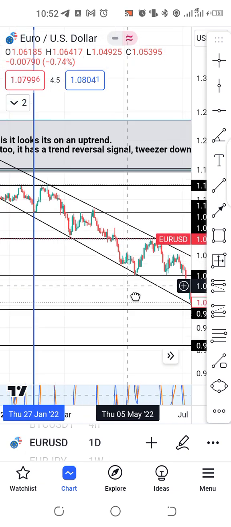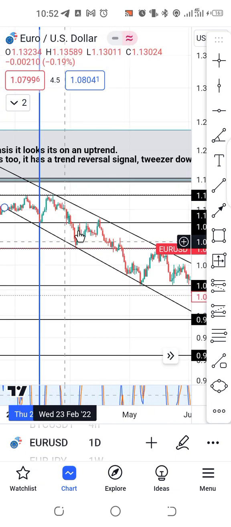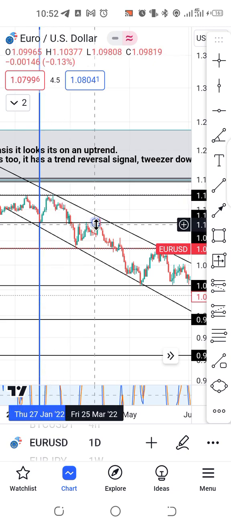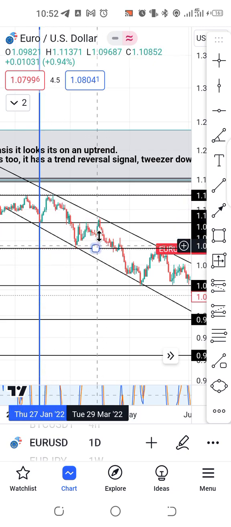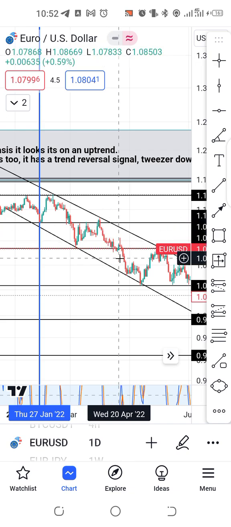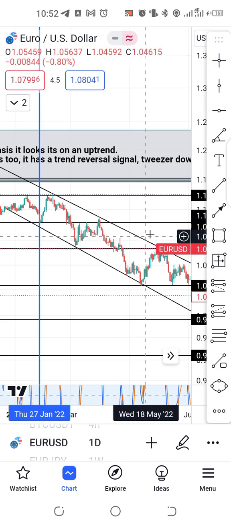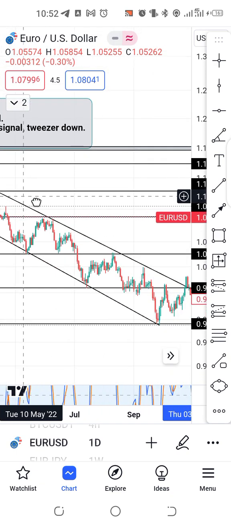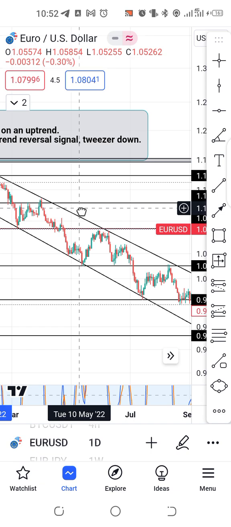So if you are able to use the top down analysis to identify the trend of the market, and you identify your resistance and your supports, you'll be able to follow this trend and be selling the market and be making profit out of it. So that is how important top down analysis is.